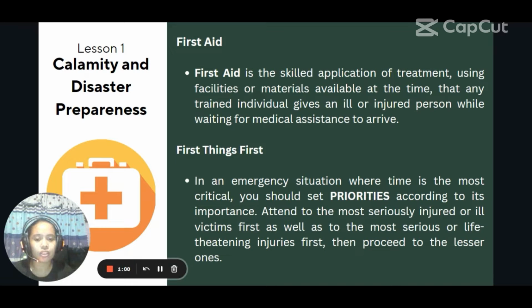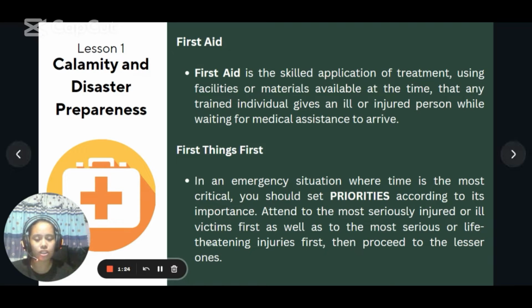And when they arrive at the nearest hospital, the doctor's work is made easier when he or she takes over. So, as further discussed in the Primary Healthcare Household Teaching Manual 1987, the setting of priorities is as follows.